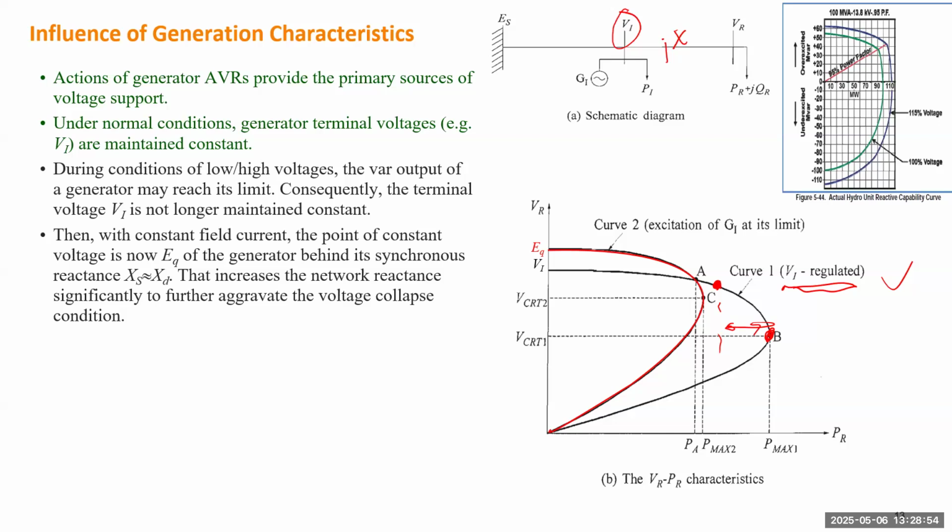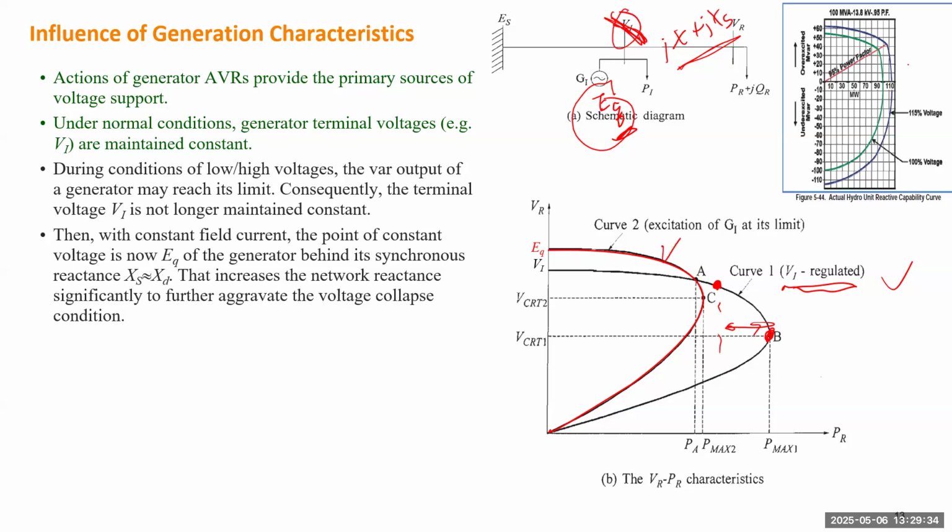But if you reach the current limit, that will make EQ become constant. Okay, so this bus will fail. That one cannot maintain the constant voltage. And so you need to treat EQ as the constant voltage, and for the reactance, you need to add the synchronous reactance. You need to use EQ and the line reactance together with the synchronous reactance to redraw the PV curve. So the new PV curve will be this one.